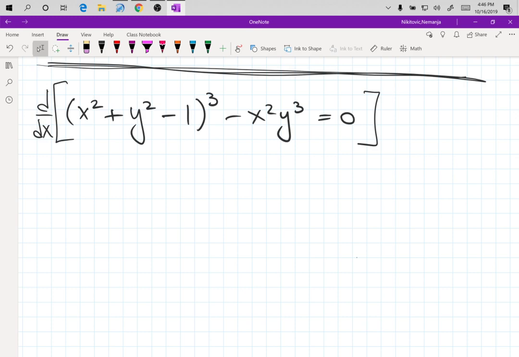Chain rule because of everything to the third, and then it has a product rule in the second term, right? All right. Let's go.